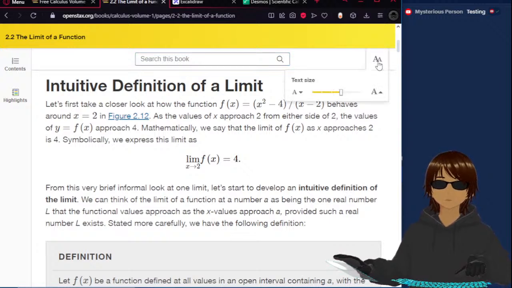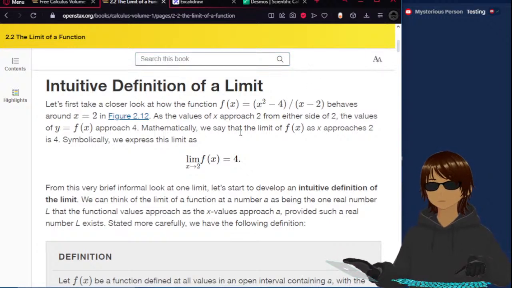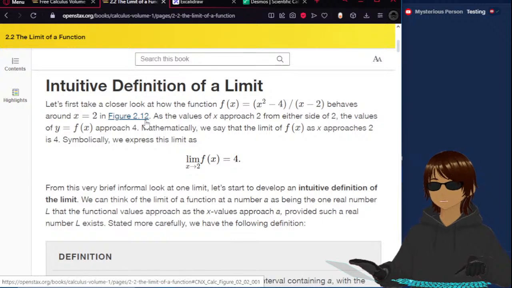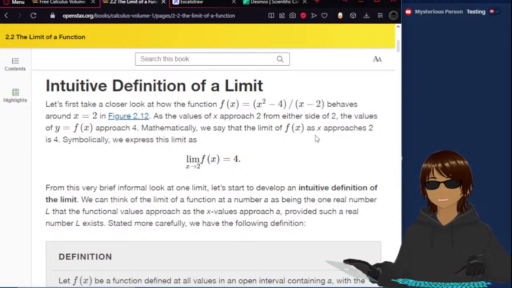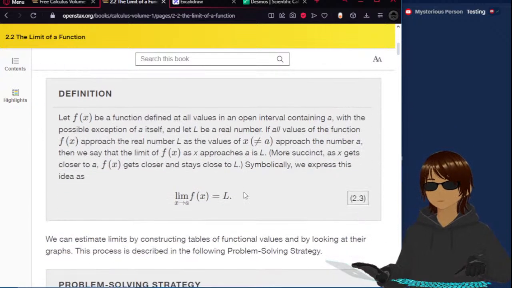Let's first take a closer look at how this function behaves at x equals 2. As the value of x approaches 2 from either side of 2, the values of y approach 4. Mathematically, we say that the limit of f of x as x approaches 2 is 4. Symbolically, we express this limit as this.